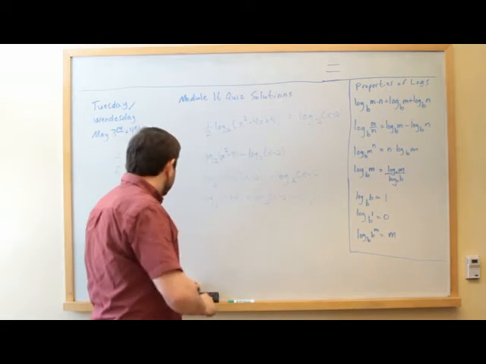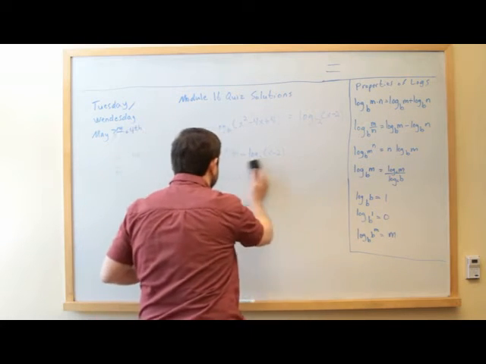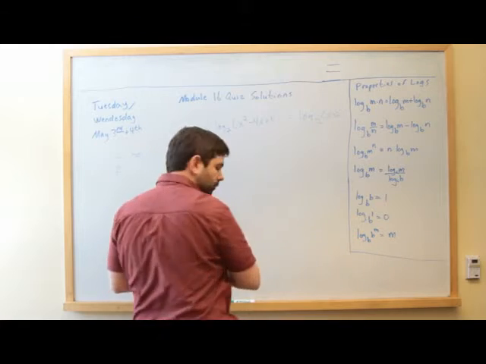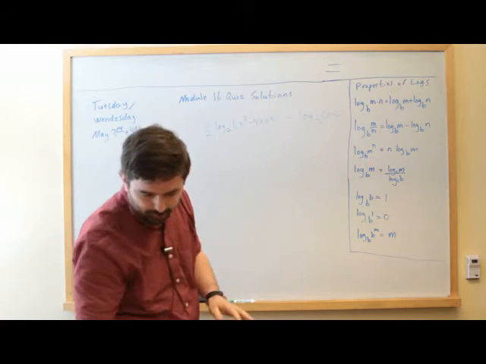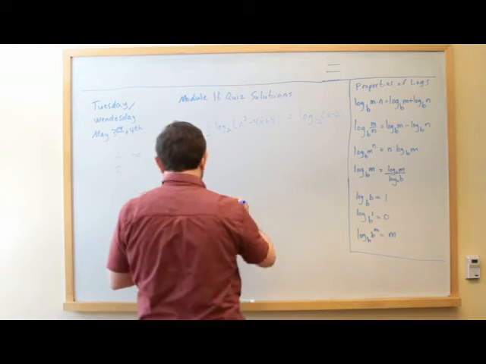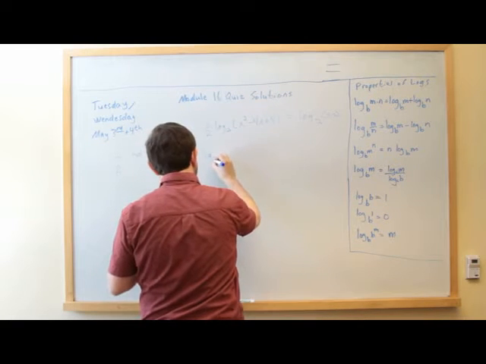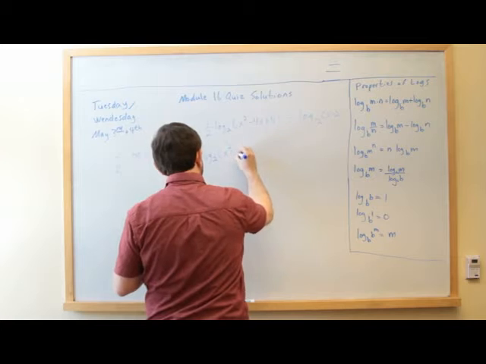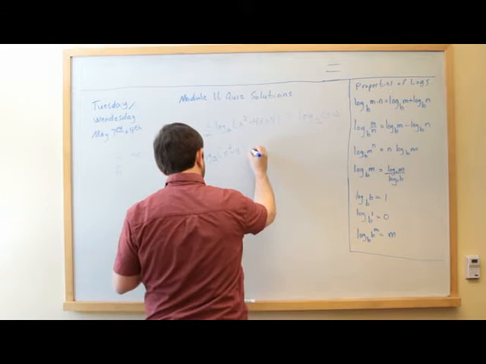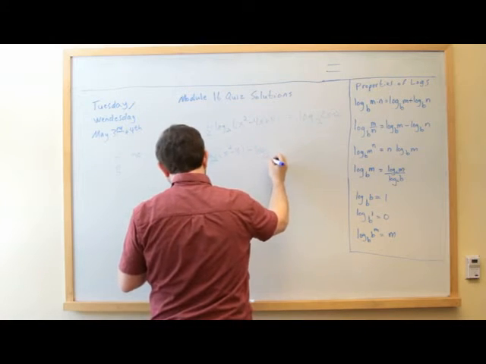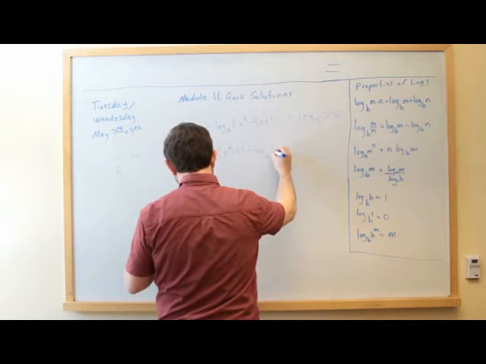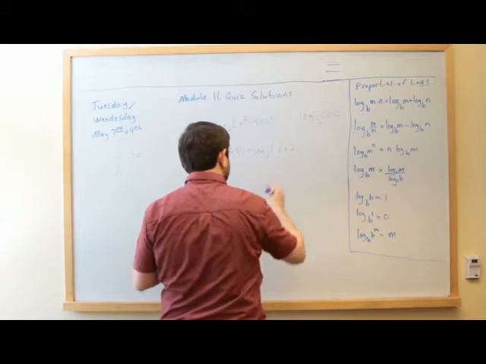And let's try B. B, we have log base 2 of x squared minus 4, another difference of 2 squares, minus log base 2 of x plus 2.